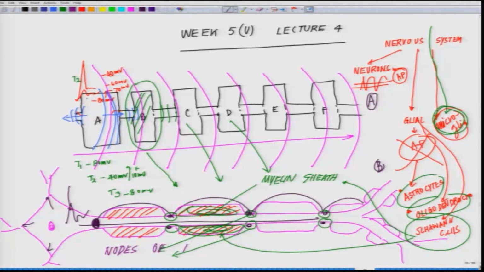Nodes of Ranvier. Okay. The way the conduction happens is, these are those excited zones. So, it is moving like this, and you really see it almost looks like the conduction is hopping.